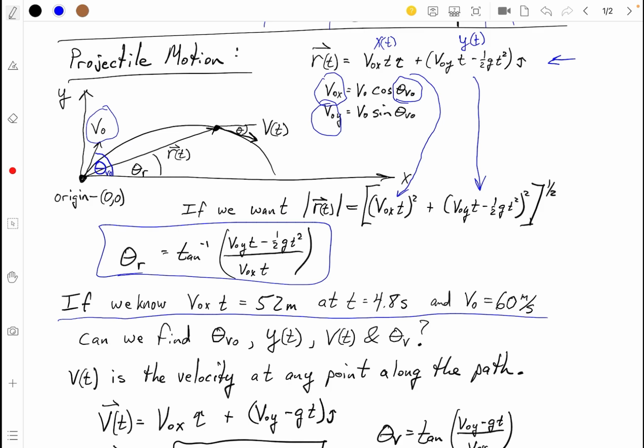Can we find v of t? Can we find theta of v? If you can do those things, you're doing great. Okay. Also, if you can't, then it might be my fault because I may not have given you enough information. But I think all the information you need is there, and you can track down the rest of it with those things.